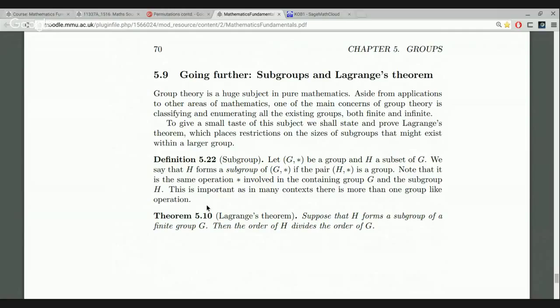But here's a very important early result that we get to, and it'll have a prominent place in that course, and this is Lagrange's theorem.